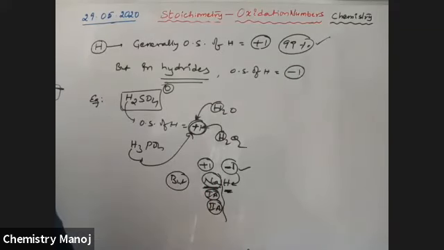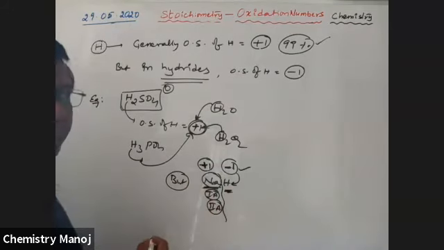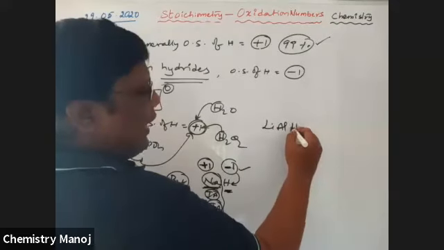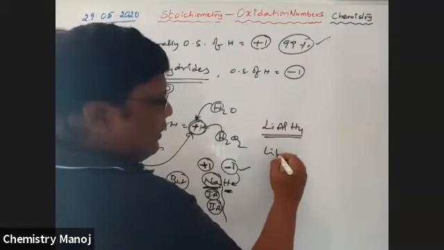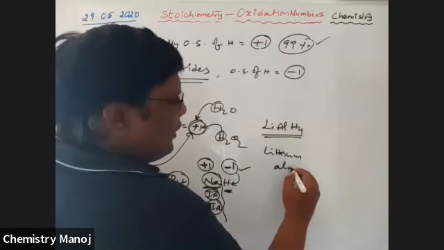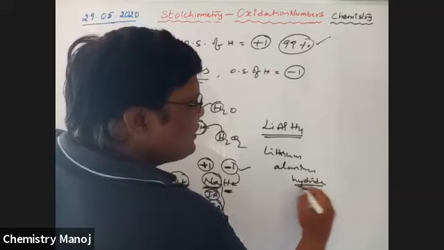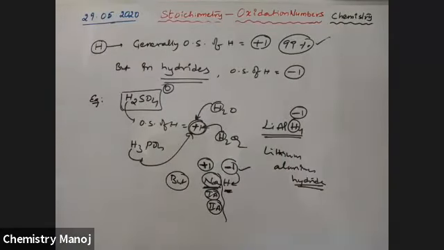In other cases, mostly hydrogen is +1. See here, lithium aluminum hydride. The name is hydride. Their hydrogen oxidation state is -1. Whenever the name hydride is there, hydrogen is -1. In other cases, that is +1.